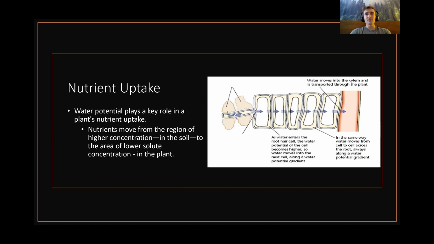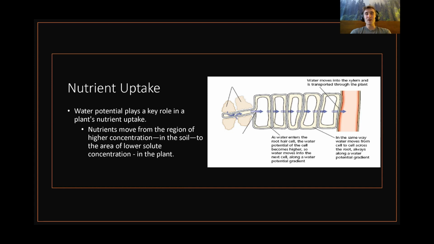And as long as there's always more water in the soil, you'll have water moving in a positive direction toward the vascular system. So nutrients, therefore, operate similarly. They will always move from an area of high concentration to an area of low concentration. And so we need to have more minerals in the soil than we have in our plant's roots.